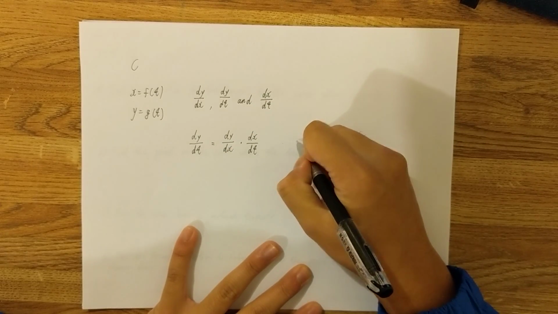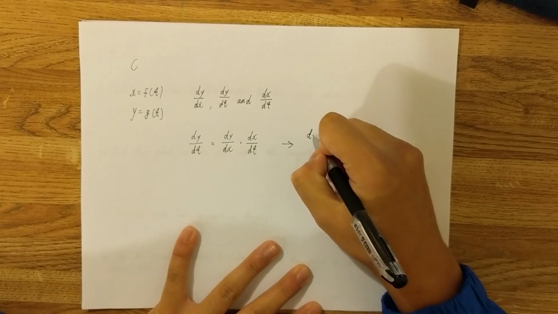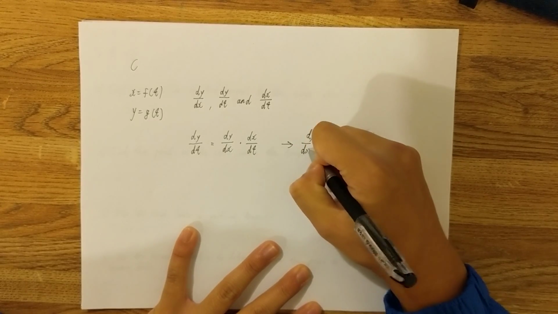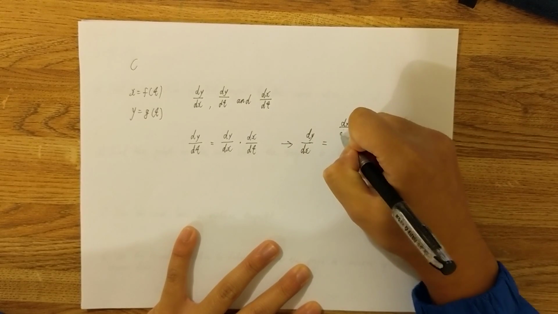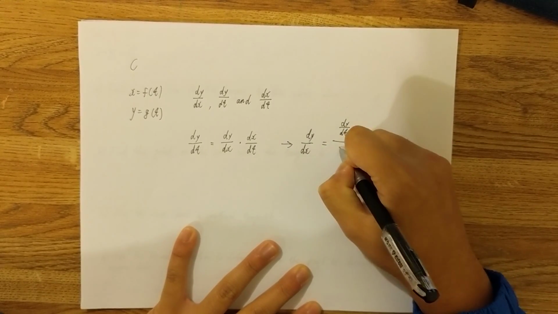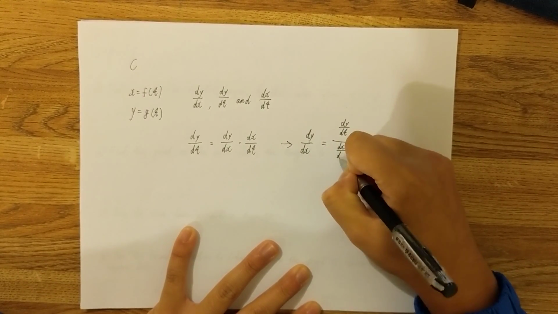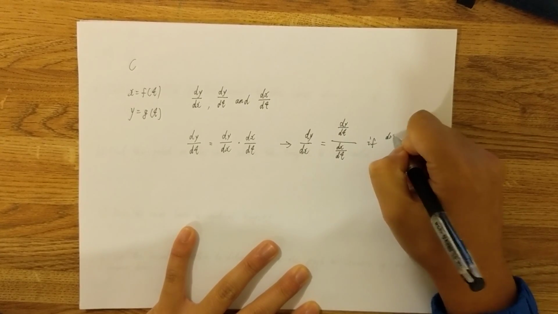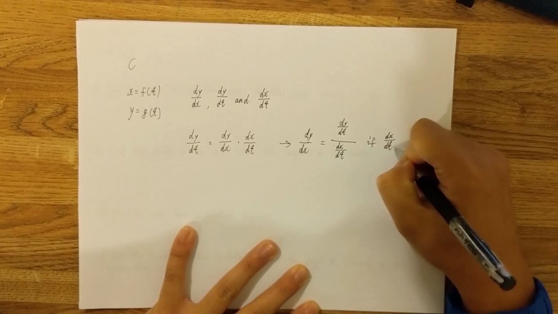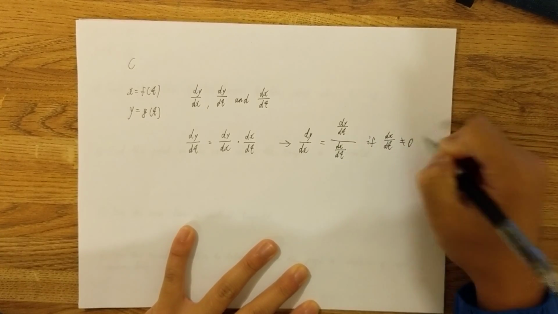So we will have dy/dx equal to (dy/dt) over (dx/dt), if dx/dt is not equal to 0.